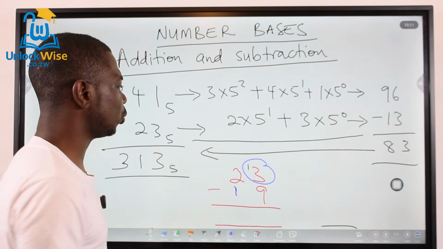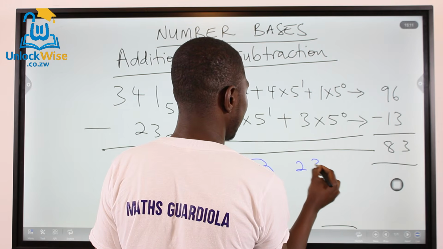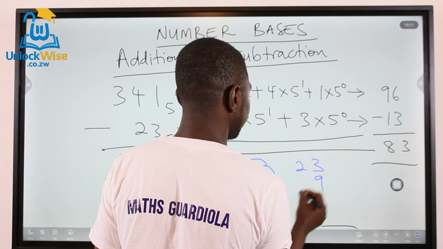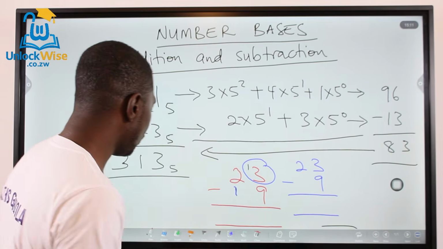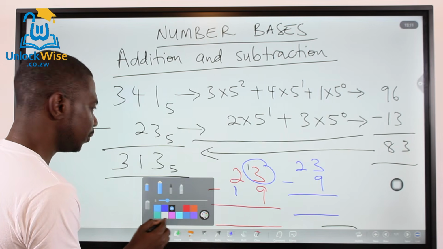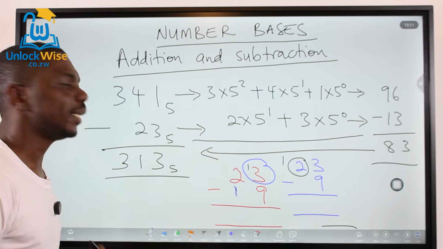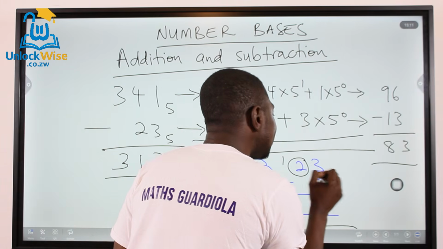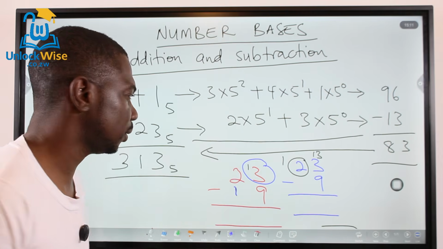Or some might actually do this. This is how my primary teacher taught me. We borrow a 10 from this side, which makes this one. And we'll add the 10 here to make this 10 plus 3, which is 13.